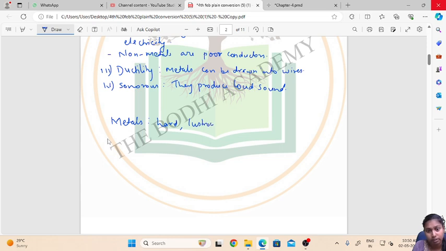lustrous means shiny, they are malleable, they are ductile, they are sonorous and are good conductors of heat and electricity.